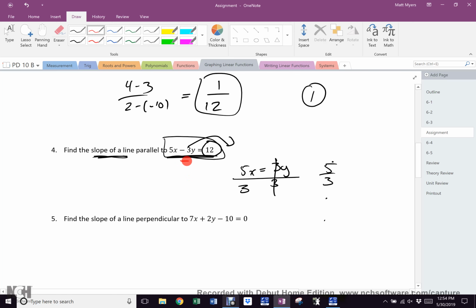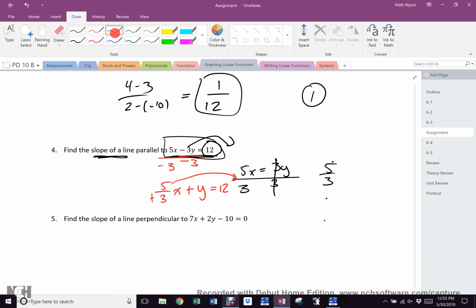If you divide here by negative 3, and you divide this by negative 3, you get 5 over negative 3x plus y equals 12. But that still isn't the slope because y is not isolated. You would still need to bring this over and get it away from y, which would change its slope to positive. Okay?